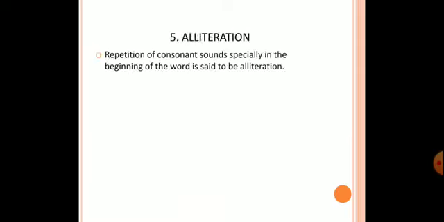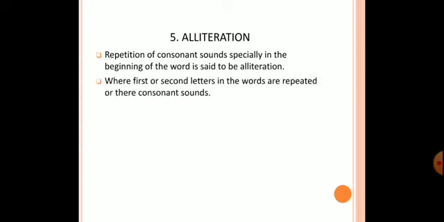Fifth one is alliteration. The meaning: repetition of consonant sounds, especially at the beginning of the word, is said to be alliteration. So when initial letters are being repeated, it is known as alliteration, where the first or second letters in words, or their consonant sounds, are repeated.